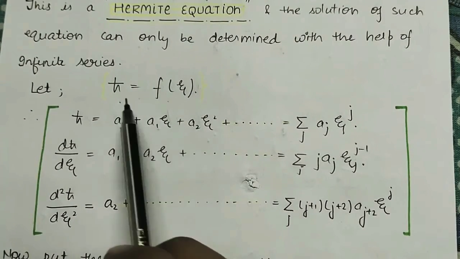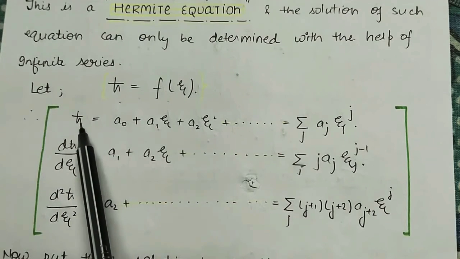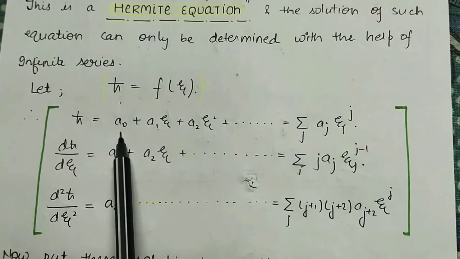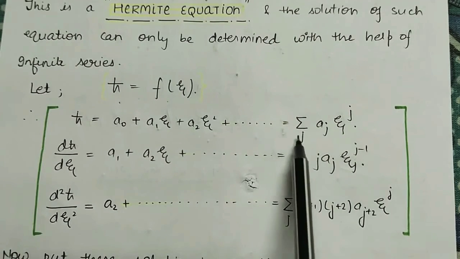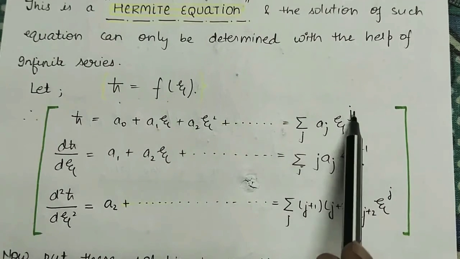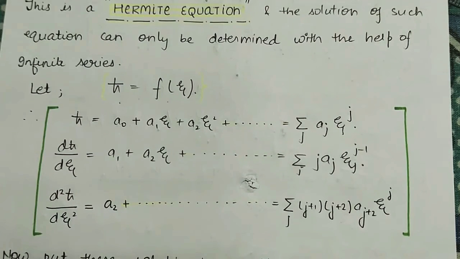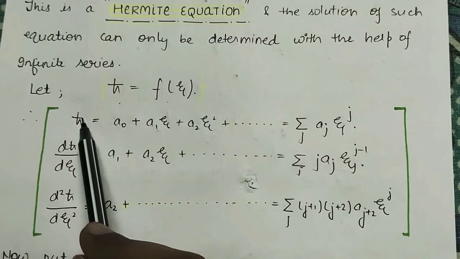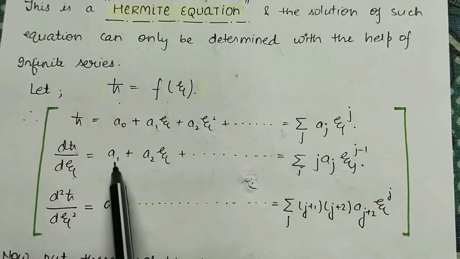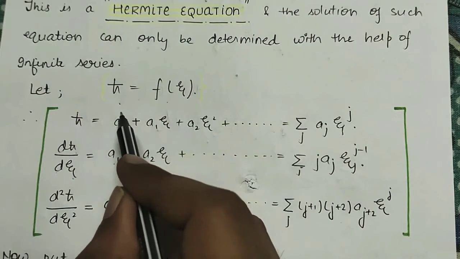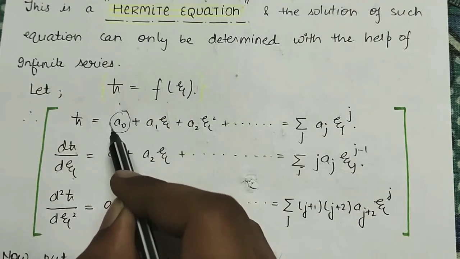Now if this is true, then the series of h cross can easily be given by a0 plus a1 xi plus a2 xi square plus up to sigma j aj xi to the power j. If we differentiate with respect to xi once, dh cross over del xi equals a1, because the first term is not in xi, so it vanishes.